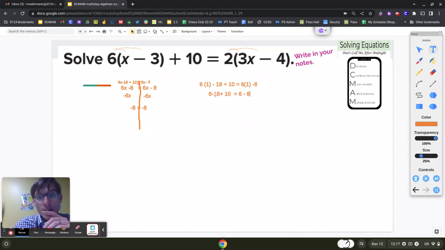Okay, 6 minus 18 is negative 12. Negative 12 plus 10 ends up being a negative 2. And 6 minus 8 is negative 2. So again, if we try a different number, we'll see it's going to have the same thing. So it does not matter what number we choose. All real numbers will work. So an infinite number of solutions.